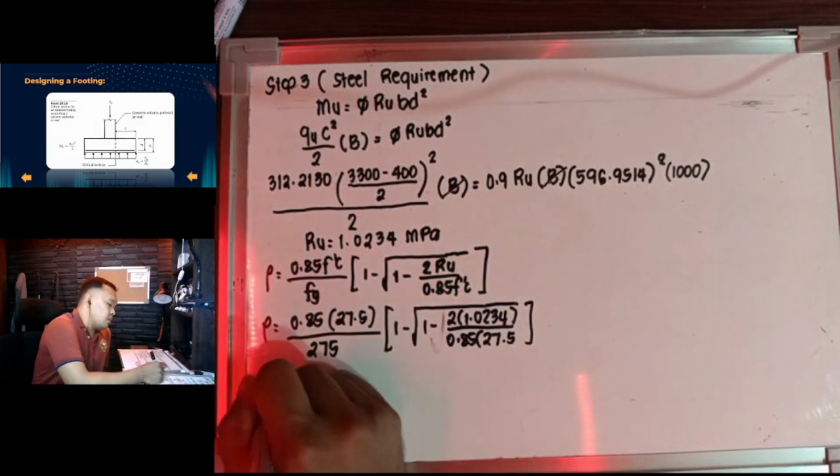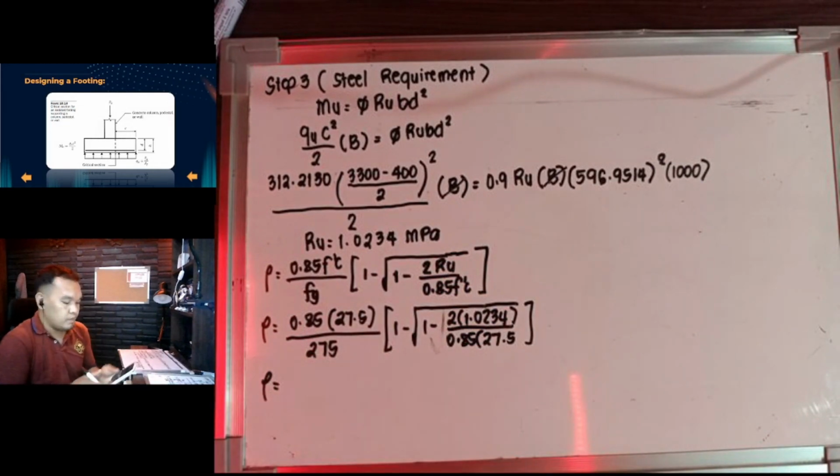So to get the value of rho, let's calculate: 0.85 times 27.5 all over 275 times 1 minus the square root of 1 minus 2 times 1.0234 all over 0.85 times 27.5.